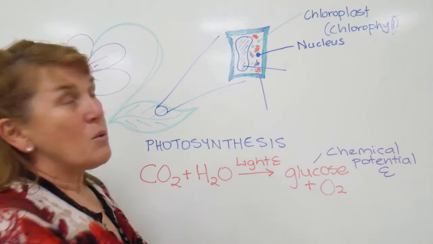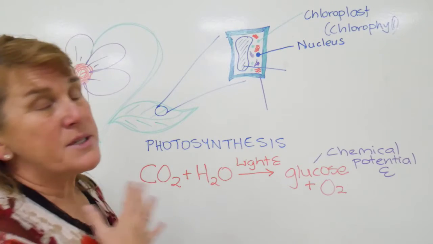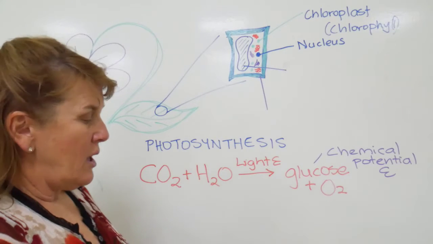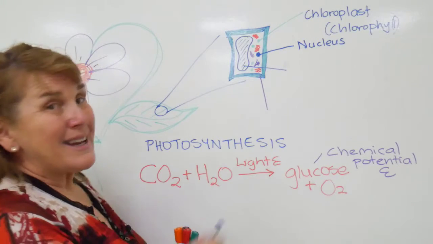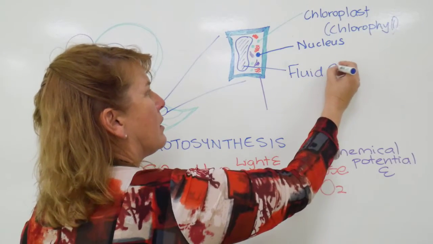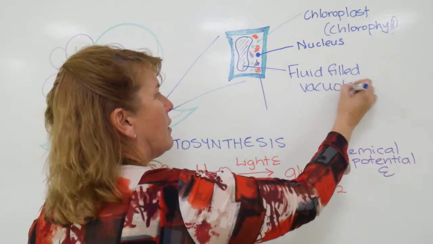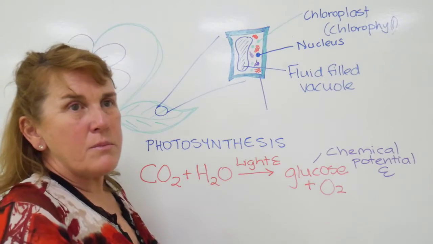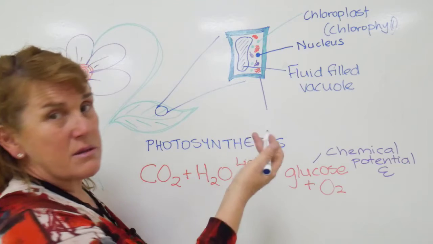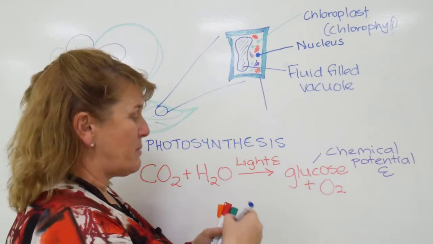The other things, while we're here, that are characteristics of plant cells that animal cells don't have are a large fluid-filled vacuole. You can have vacuoles in animal cells, but they're not as large as these ones, and this is significant for a reason I'm about to explain.